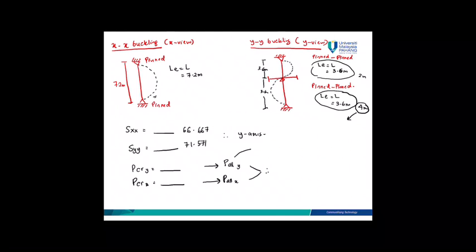To calculate the P allowable, you use the factor of safety formula, PCR divided by P allowable. Factor of safety is given in the question, which is 2. The last answer you will get is P allowable is equal to 1429.417 kilonewton. This is your P allowable. Please do the calculation and check your answer with this answer.